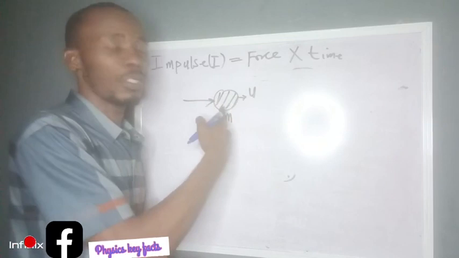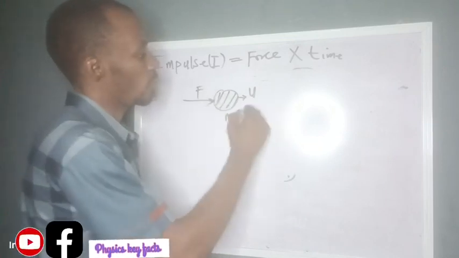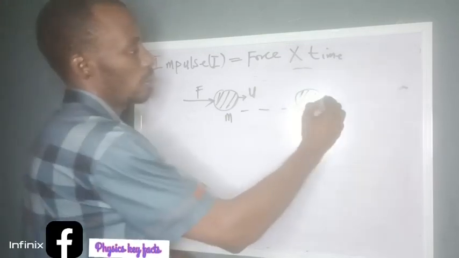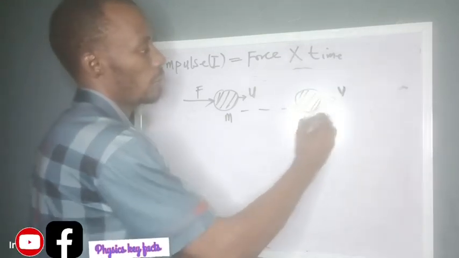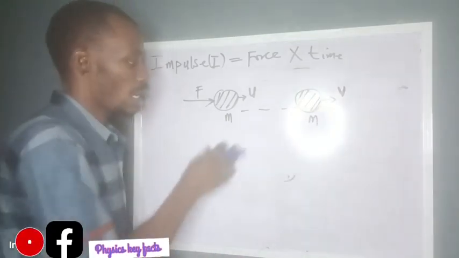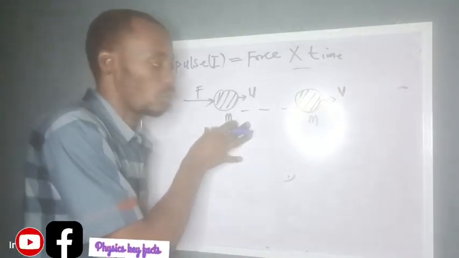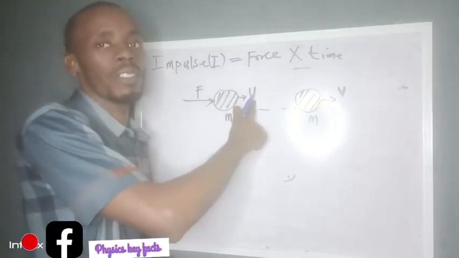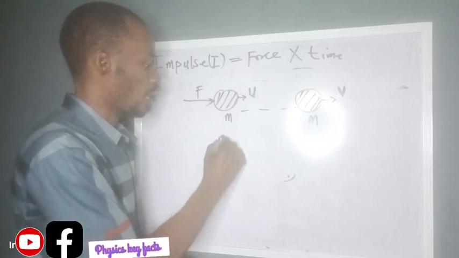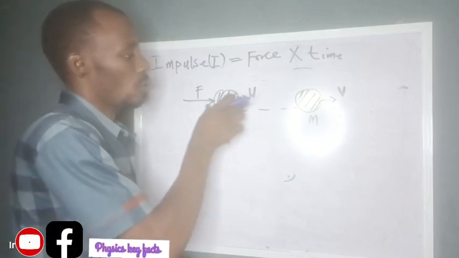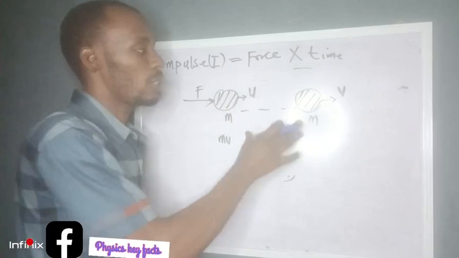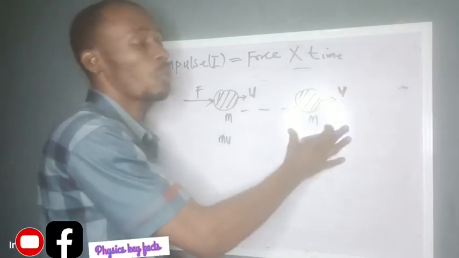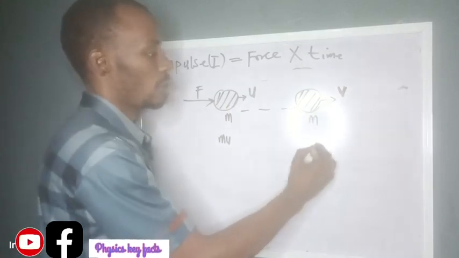And because of this force, this body changes position to assume another velocity v, same body. At this point, this body has a momentum. The momentum of this body is the mass of this body times the initial velocity that the body has, which is mu. While after the force has acted on the body and the body has succeeded in changing position, it assumes another velocity. The momentum of this body at this point now is mv.